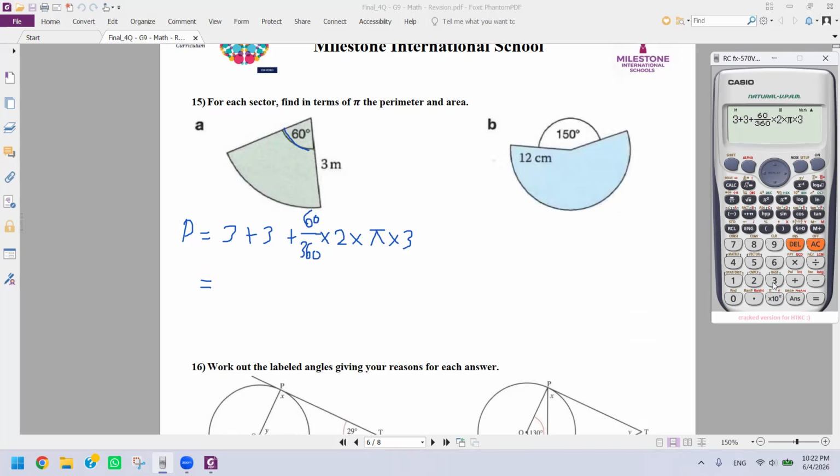I guess the calculator will not give us the answer in terms of pi. Let's try. Yes, the calculator made it decimal, but the question says in terms of pi. So what do I do? I do it part by part. 3 plus 3 is 6. Plus, now the part that has pi, I will do it alone on the calculator. So let me remove 3 plus 3.